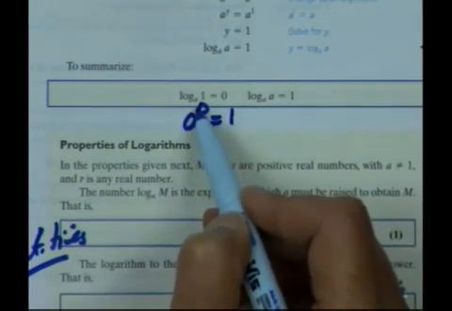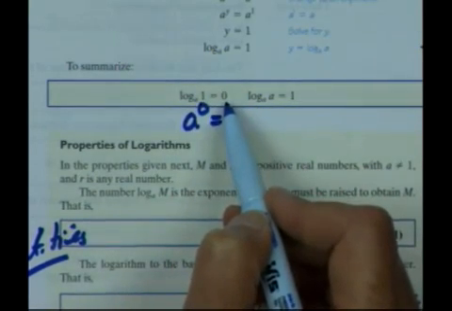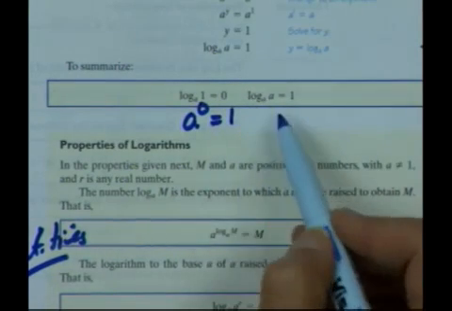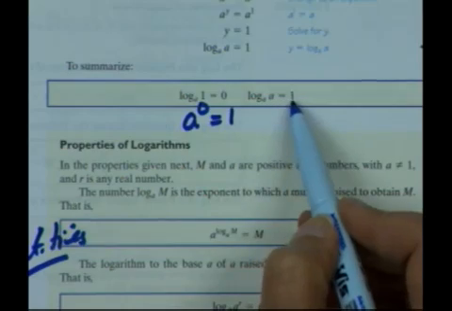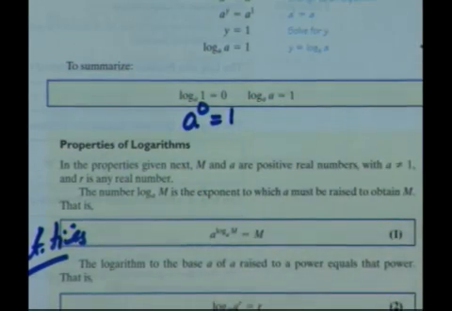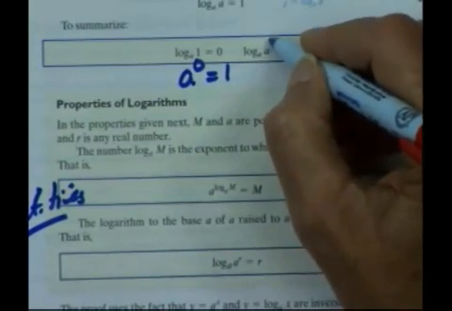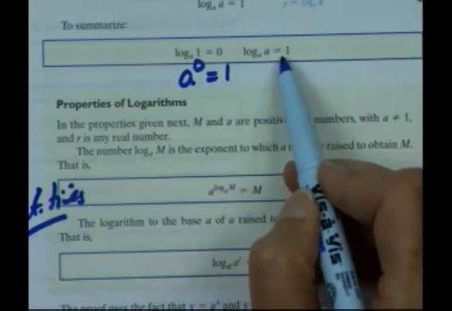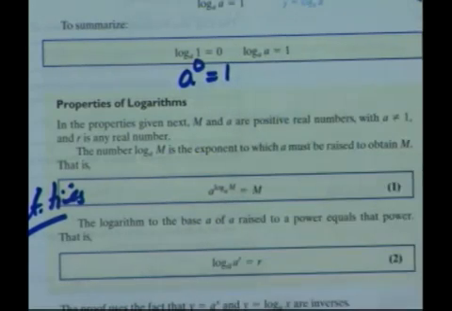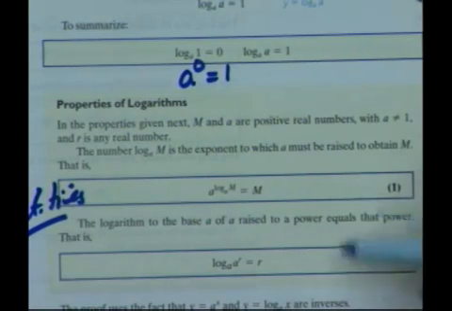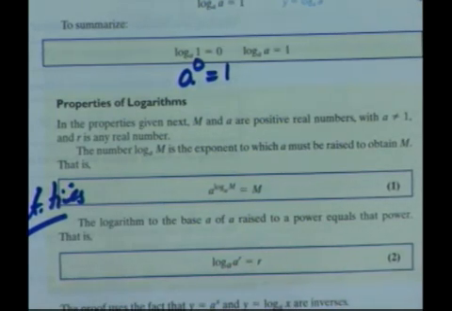So log to the base a of 1 equals 0. And what about log to the base a of a is equal to 1? Well, if you've memorized this identity at the bottom, that's an understood exponent 1, or if you switch it to exponential form, a to the first is a. Okay? All right, but these two, 1 and 2, are your main identities you're wanting to memorize right away.